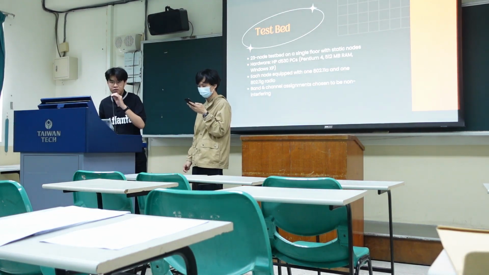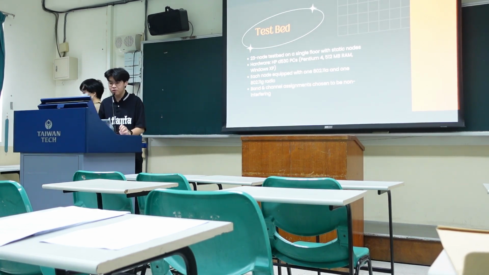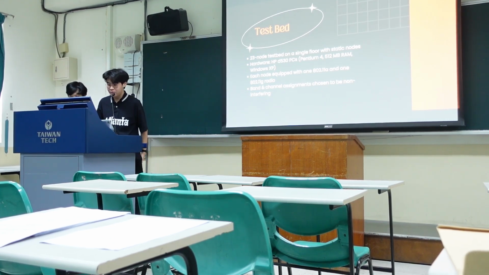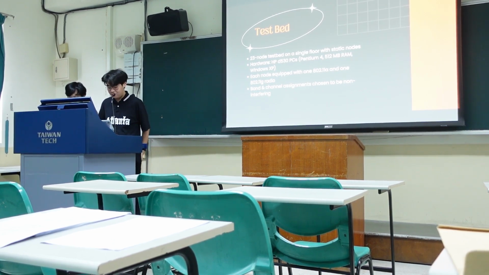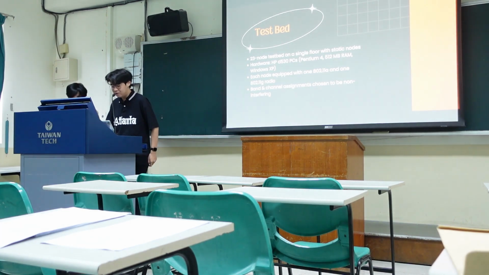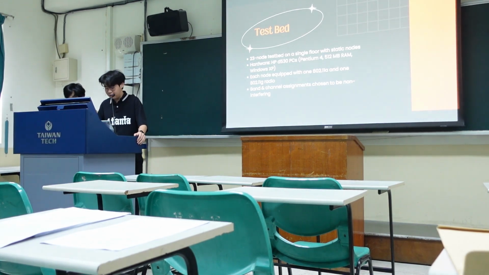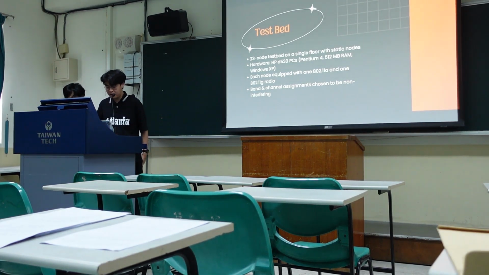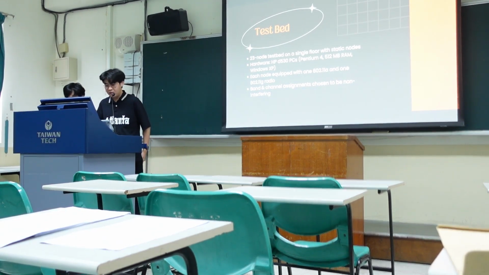And for the testbed, so we evaluate the performance. The author deployed a 23-node testbed on a single building floor, and each node is an HP D530 PC running Windows XP and equipped with one 802.11a card and one 802.11g card.